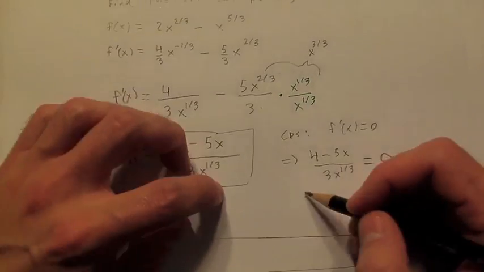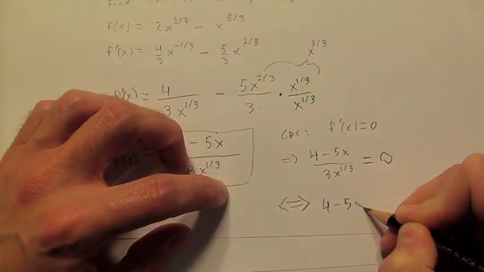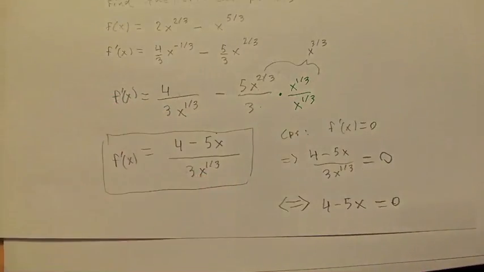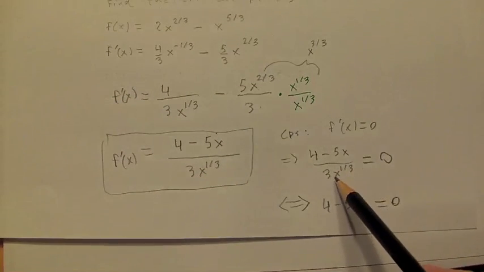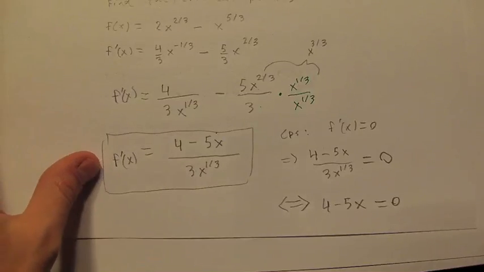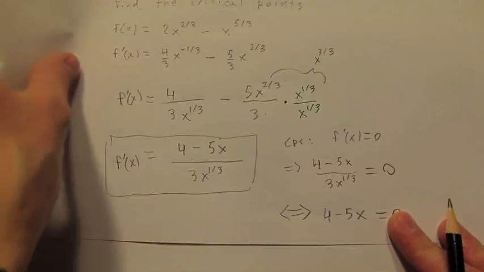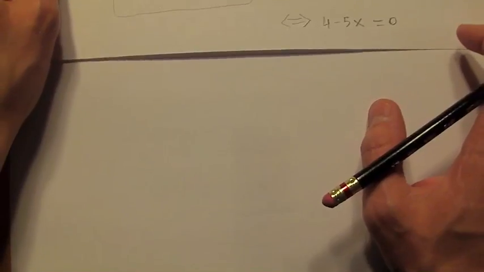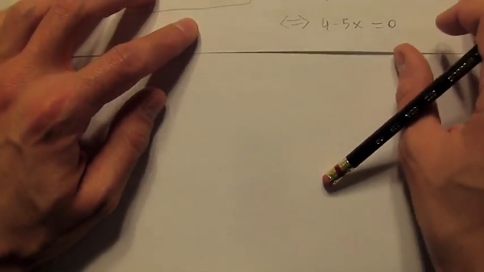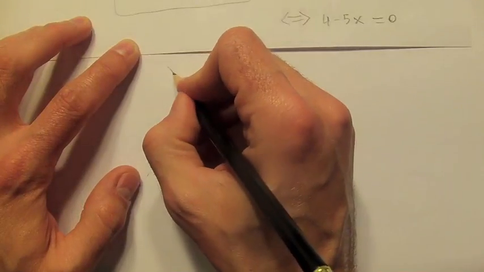So this happens if and only if 4 minus 5x is equal to 0. Or you could just multiply both sides by 3x to the 1/3 and cancel that out. And what I get now is a critical point of 4/5.